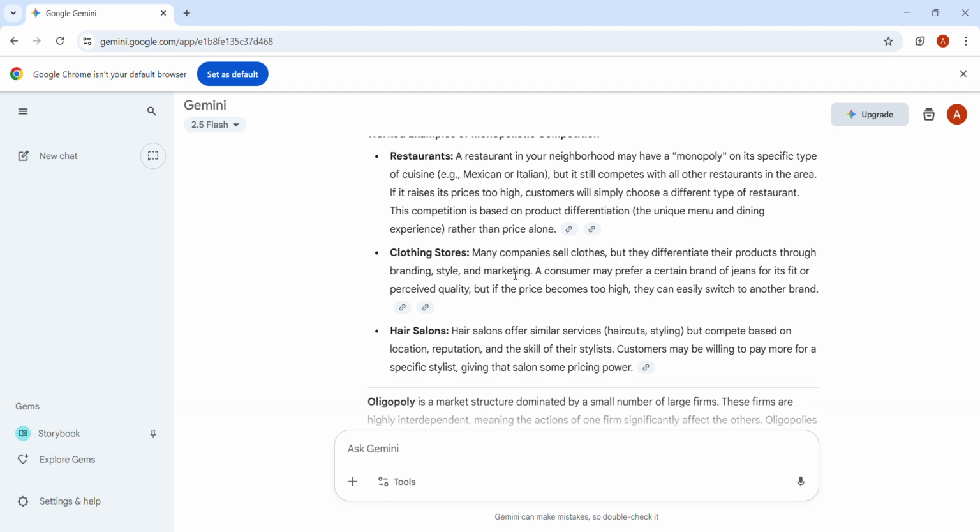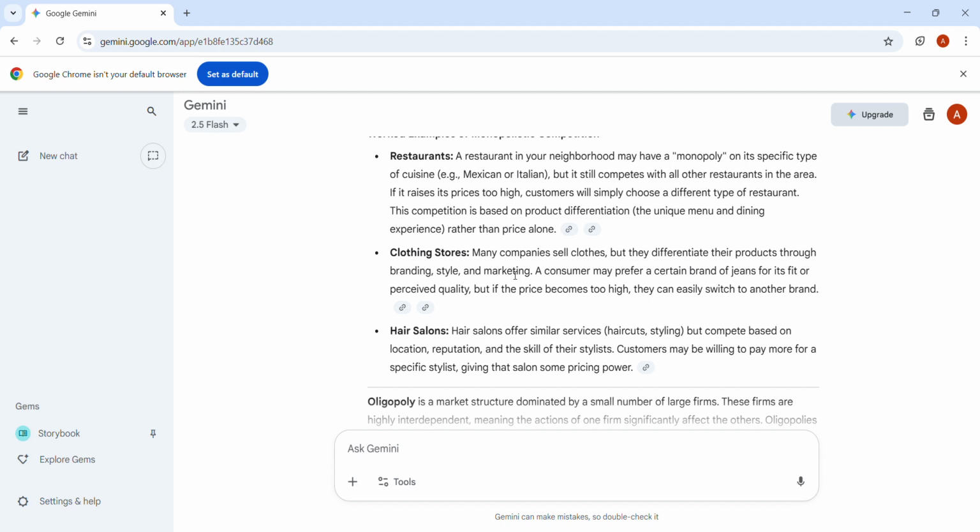So these fall under monopolistic competition. The products are differentiated, not homogeneous, and because of branding, they can set prices for the goods they are producing. So that room is there for them.